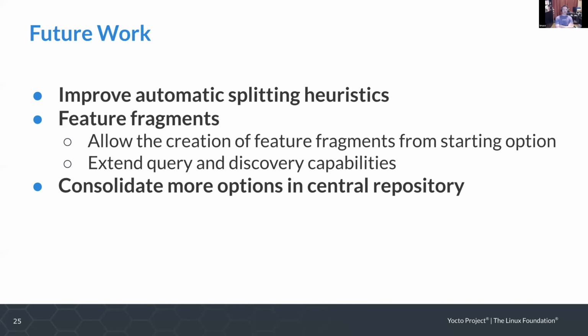We have, unfortunately, a Docker configuration fragment in meta-virtualization and another one in the main repository. So now that I can split out the need to add the kernel cache to your source URI and a kernel recipe, I can maybe do some more consolidation of options in a single place so they don't get out of sync and cause subtle runtime errors when they do differ. And that's it.